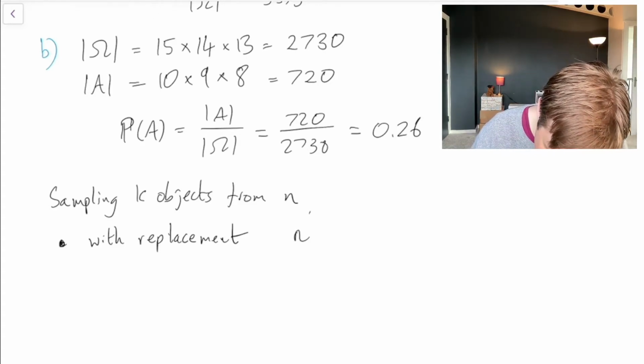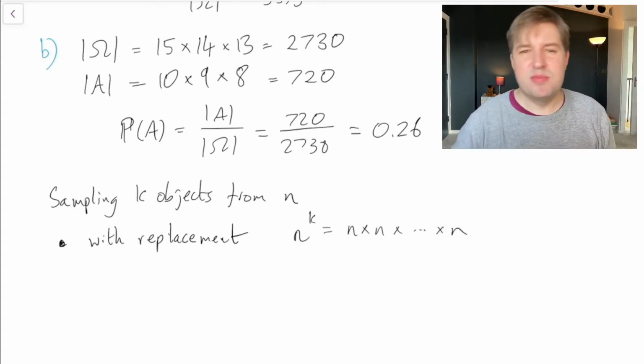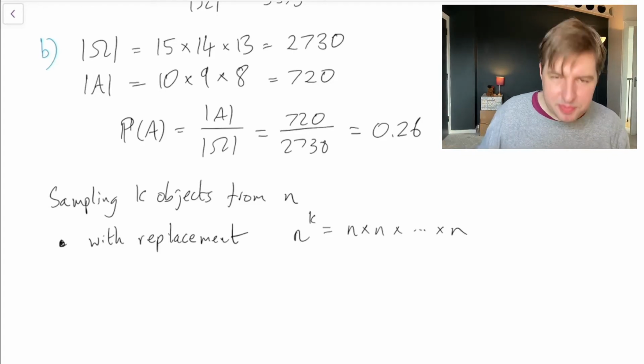Right, so you get n to the k, which is n times n times n, k times. I know you all know what n to the k is, but there you go.